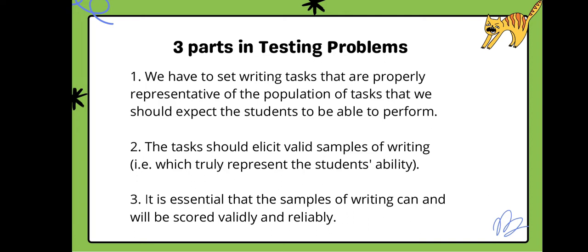Second, the tasks should elicit valid samples of writing, which truly represent the students' ability. Third, it is essential that the samples of writing can and will be scored validly and reliably.